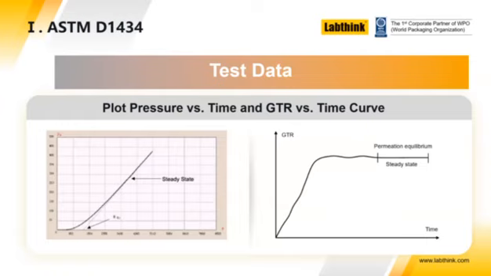And likewise, on the drawing on the right, you can see that the GTR increases over time until it reaches a period where it flatlines or is in a steady state. And that's where we take the permeation measurement or the gas transmission rate result.